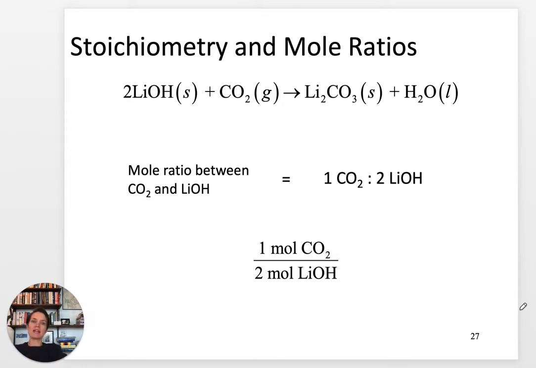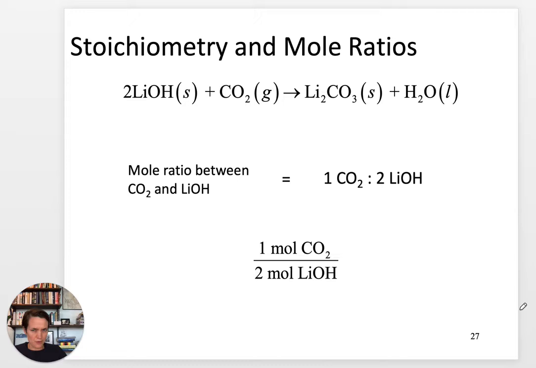So it doesn't matter how big the molecule is, how complicated it is, how many grams it weighs. 1 mole and 1 mole of a species, you're going to have 1 molecule for 1 molecule. And that's what we're interested in when we're talking about stoichiometric reactions, right? When we're talking about how much of something do we need in order to produce the amount that we want. Usually that's the way that we're going.